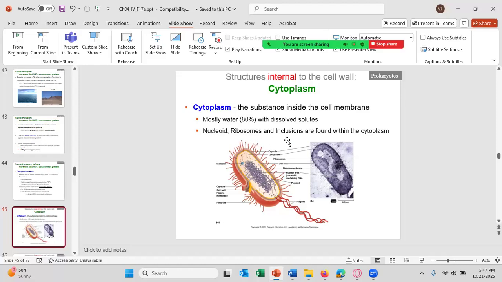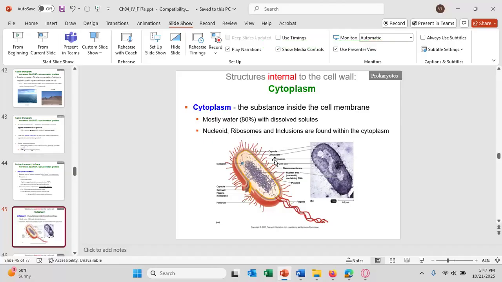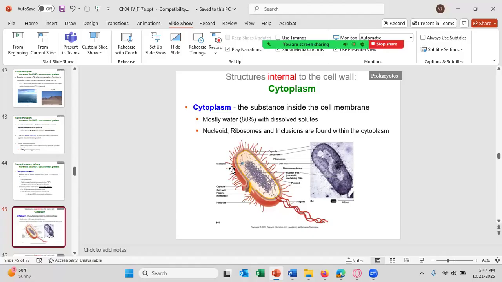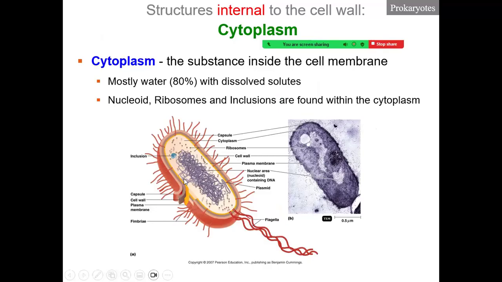And then inclusions, these are molecules the cell is accumulating, and they sometimes become so accumulated that the molecules come out of solution, precipitate, and then we see a solid mass in the cytoplasm, and that is called an inclusion. And there we have an inclusion there, and there's one there, an actual transmission electron microscopic image. Any question about any of that?